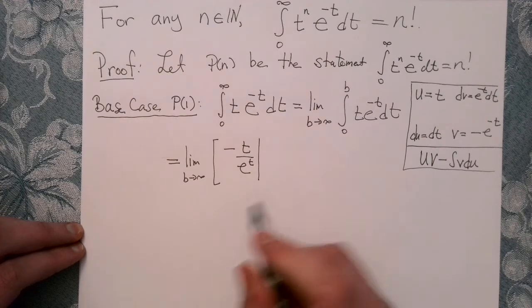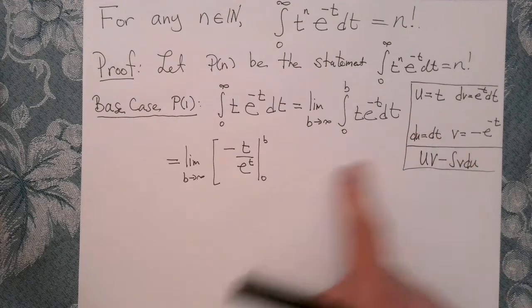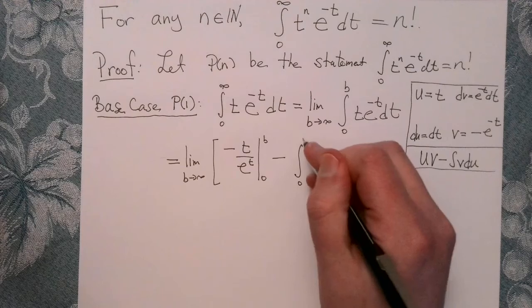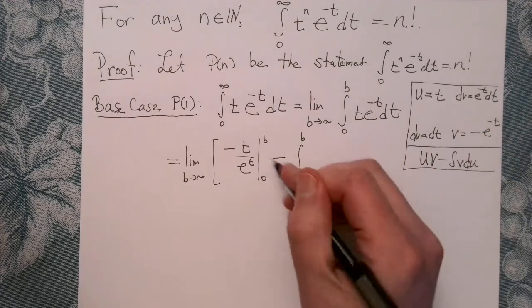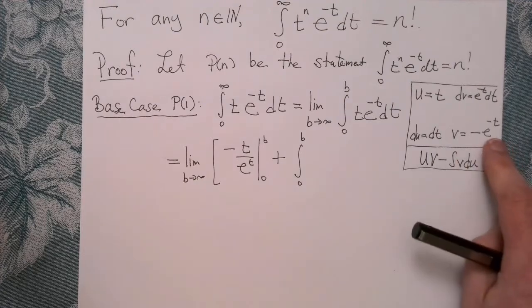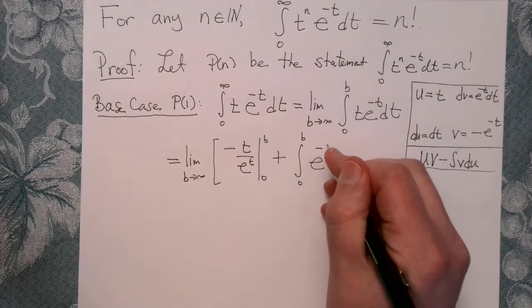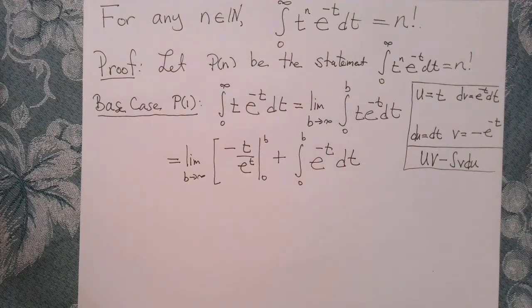And we're evaluating that, remember the bounds, from 0 to b, so that's u times v minus the integral of v du. Well, that has a minus, so v du. So that's not too bad. Okay, I'll worry about that in a moment.